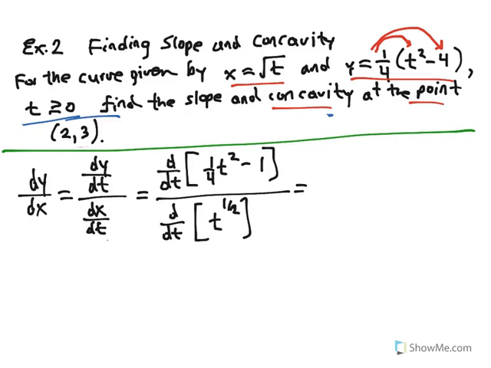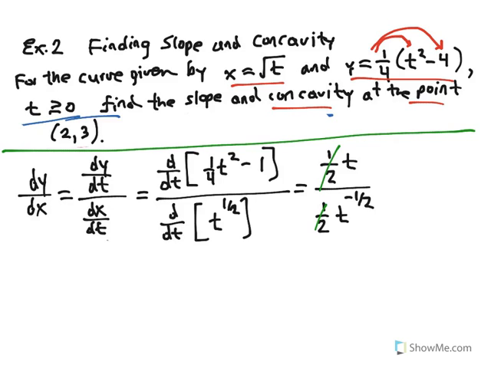In the numerator, we will have 1/2 t, and in the denominator, when we use the power rule, we bring the exponent of 1/2 to the front, and then we subtract 1 from the exponent of 1/2, giving us a new exponent of t to the negative 1/2.